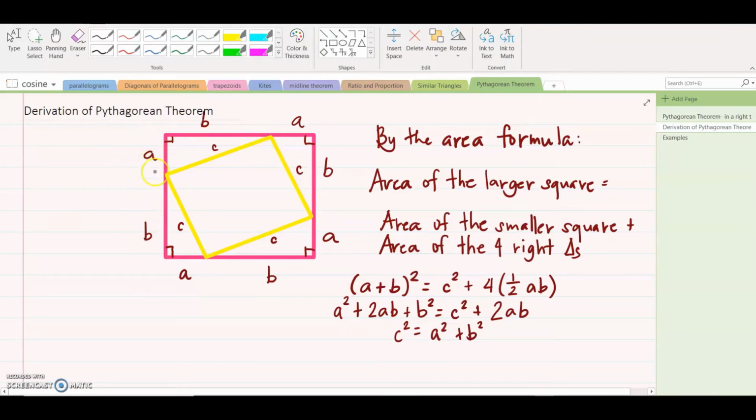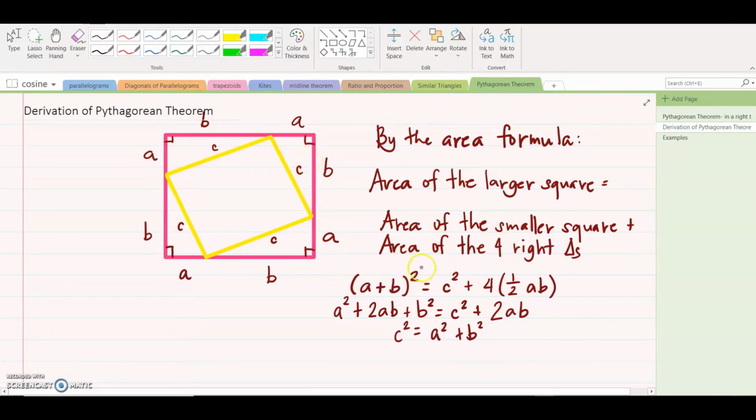This a plus b combination is equal to the area of the smaller square, which is denoted by c, and then the area of the four right triangles. So you have the first triangle, second, third, and fourth.